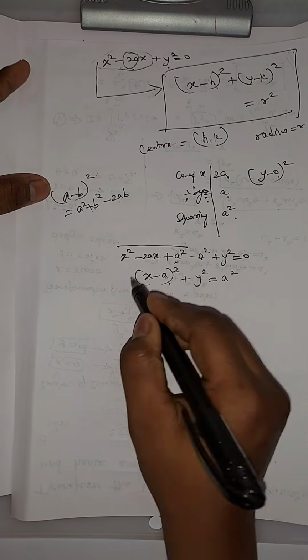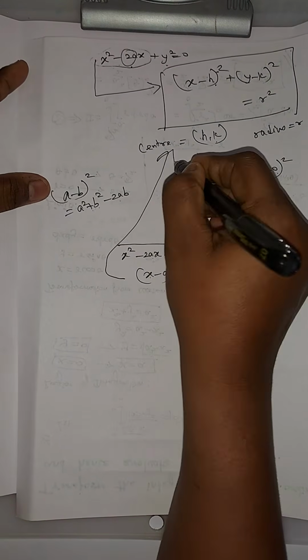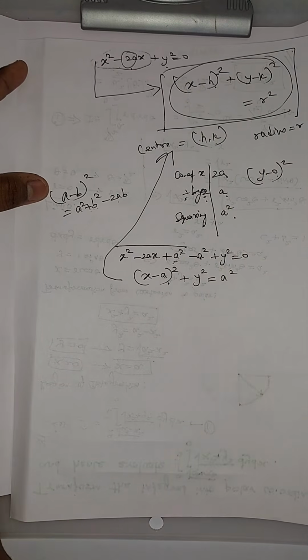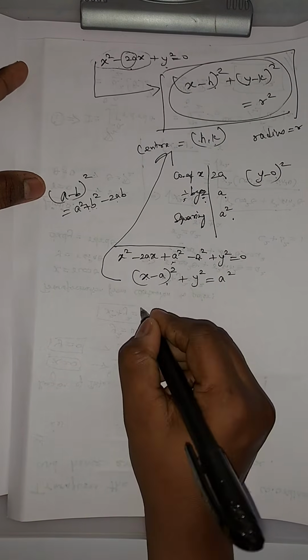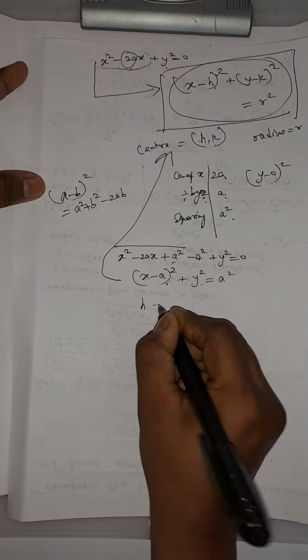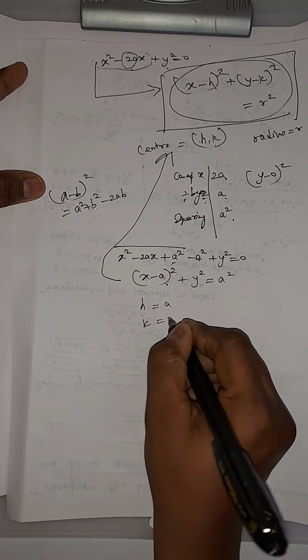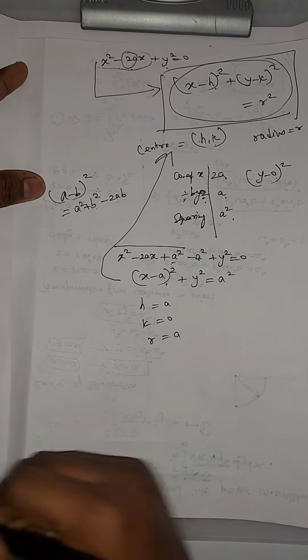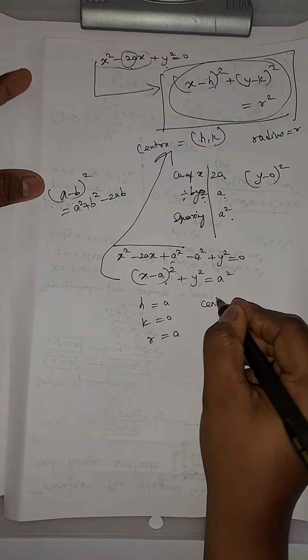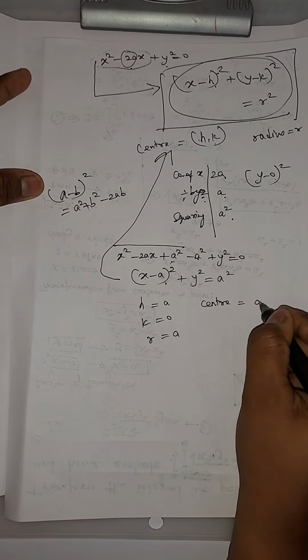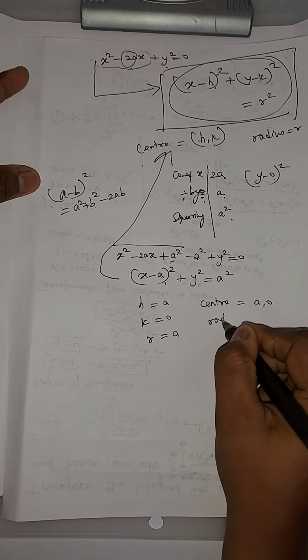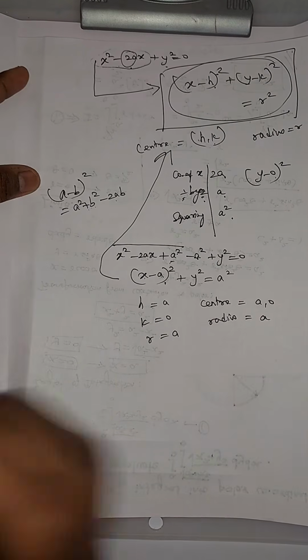So finally, comparing this with the general equation, we get h is equal to a, k is equal to 0, and r is equal to a. That is, center is a comma 0, radius is a.